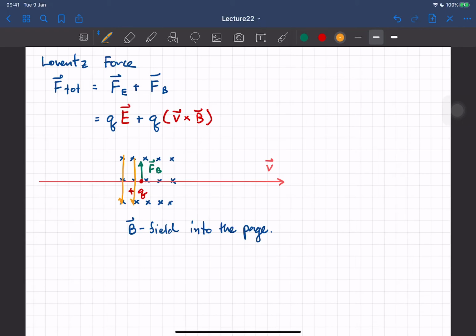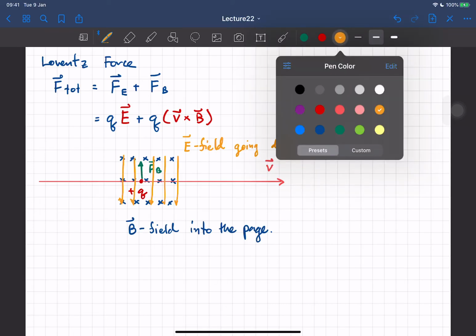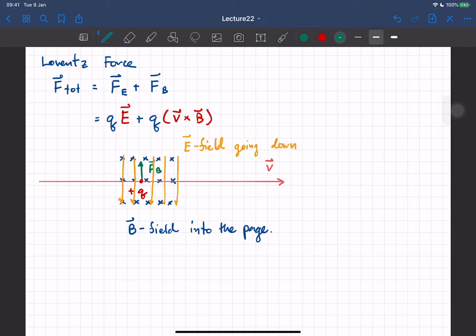We're going to draw with orange color here. So this is E field going down. When the electric field is going down, the electric force will also be going down because Q is positive. So this will be F_E.